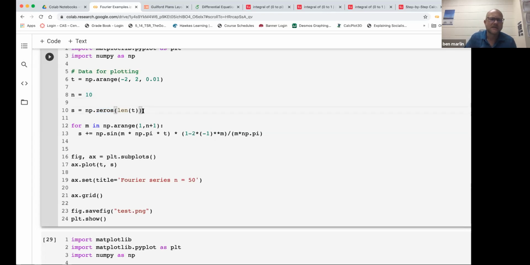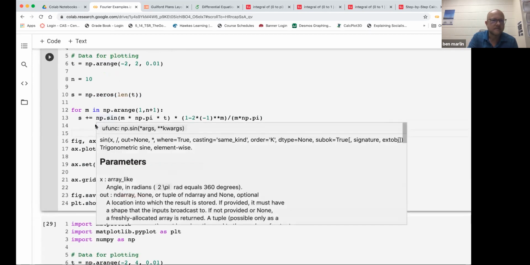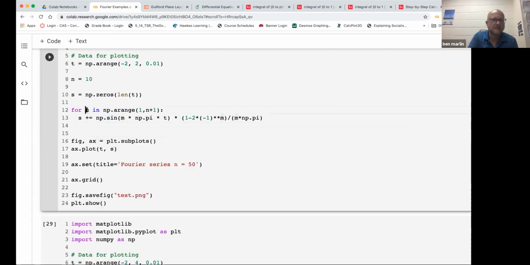There's another thing called zeros_like, but I haven't experimented to make sure that it does what I'm trying to do here. So anyway, I start with my S being zeros, and then I'm going to have my m go from 1 to n plus 1, okay?